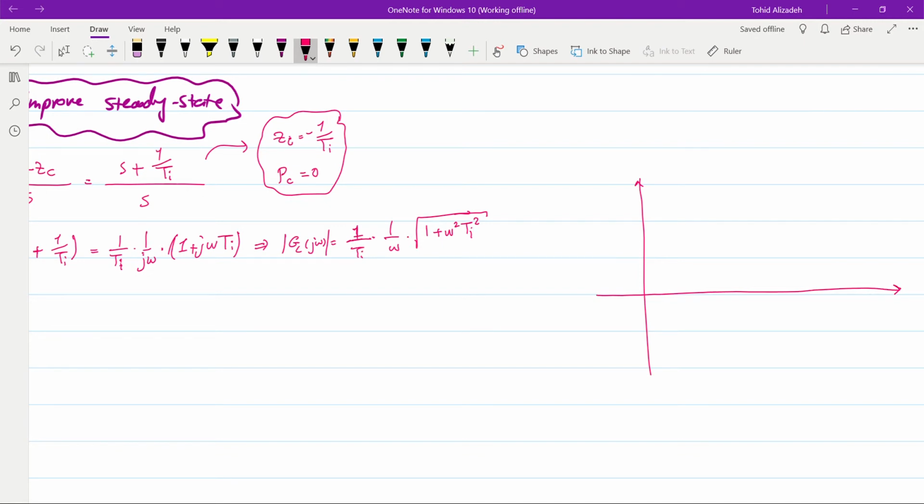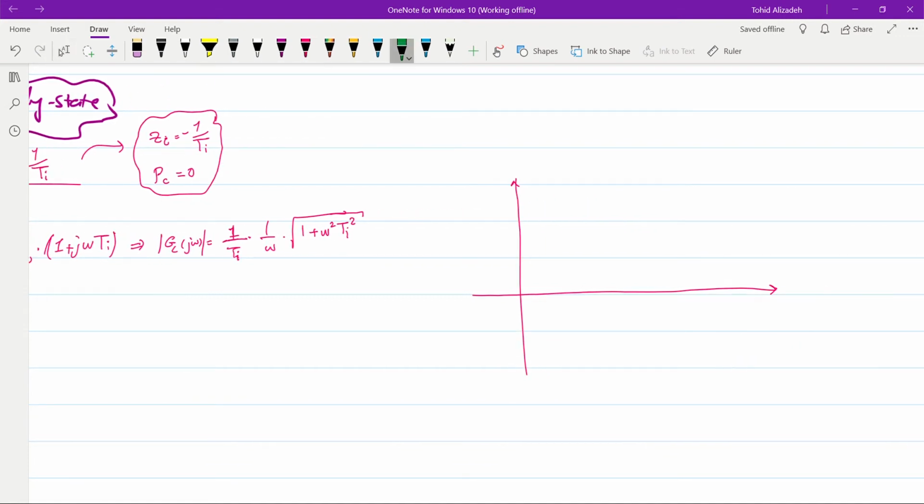For the first component, we will have a constant value, 1 over Ti. For 1 over omega, if we assume that omega equal to 1 is here, we will have a straight line with minus 20 decibel per decade as the slope.